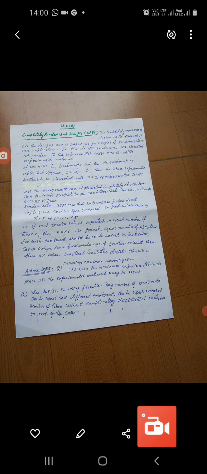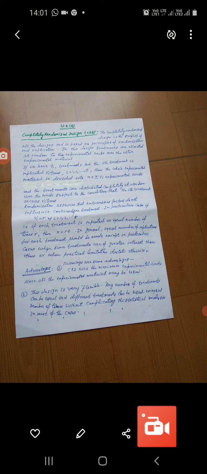Number two, this design is very flexible. Flexible in the sense that any number of treatments can be used, and different treatments can be used an unequal number of times without complicating the statistical analysis in most of the cases.